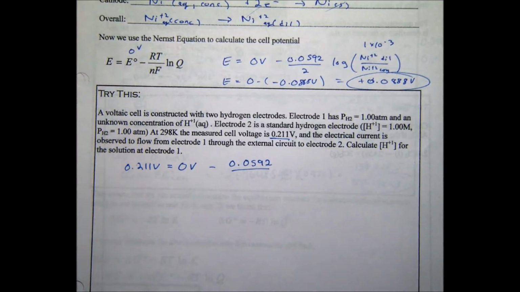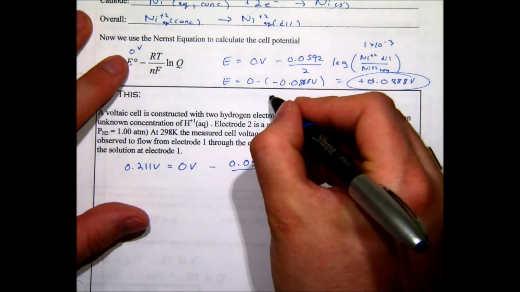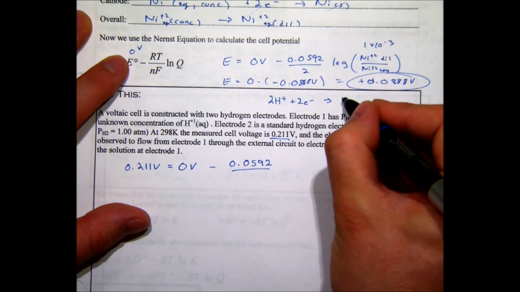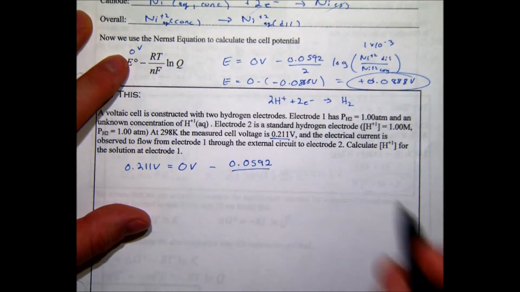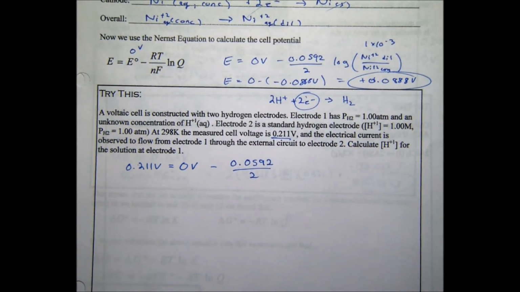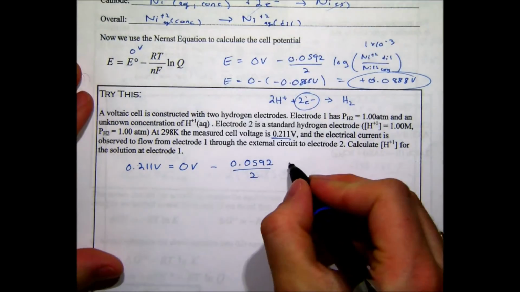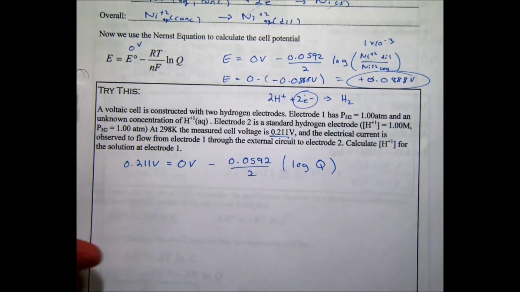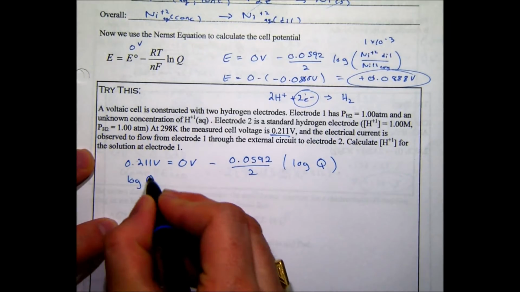So if you look at the standard hydrogen electrode, you have 2H plus 2 electrons going to H2 gas. So the value for n is equal to 2. And then we're multiplying this by the logarithm of Q.